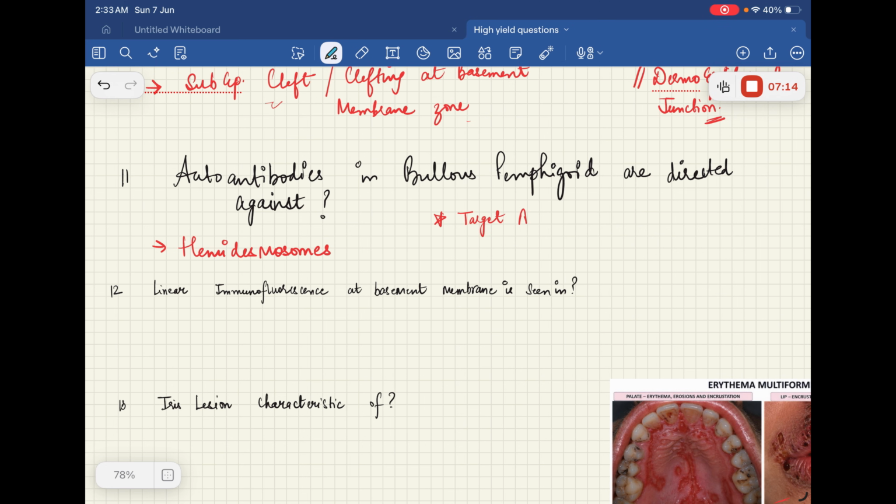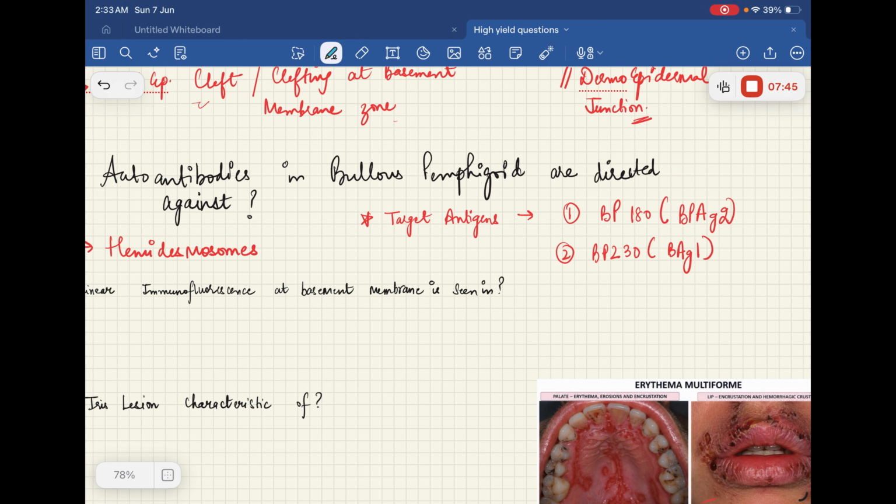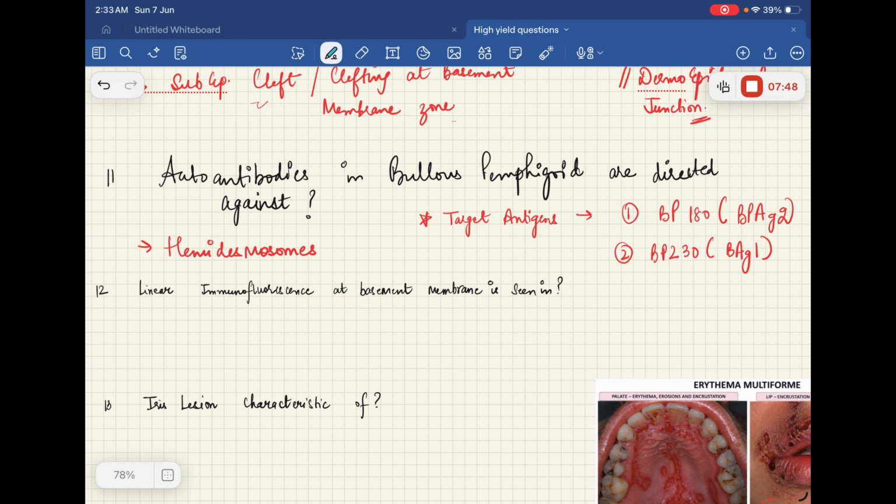These are BP180, or BPAG2, and second, BP230, or BPAG1. So remember the exact target antigens in bullous pemphigoid.